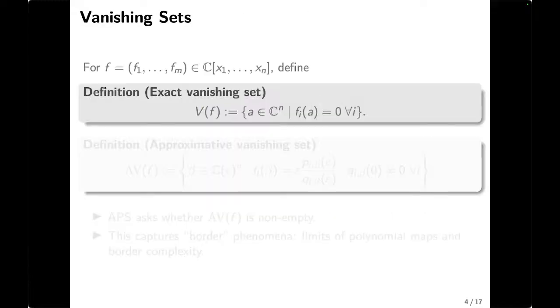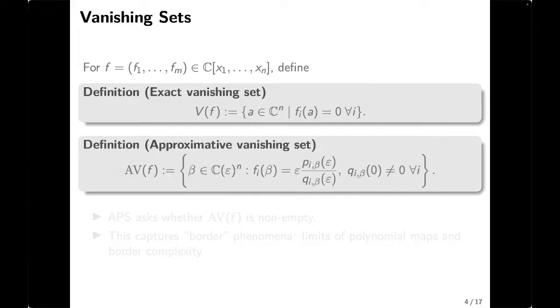Now we can generalize to more than two polynomials. First, in this talk I'll restrict to polynomials over the complex numbers. Suppose we now have m polynomials over n variables. Then we can define the vanishing set of this system of polynomials as all the common roots of these polynomials.